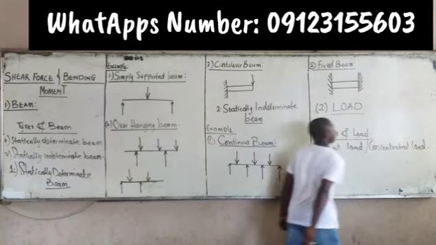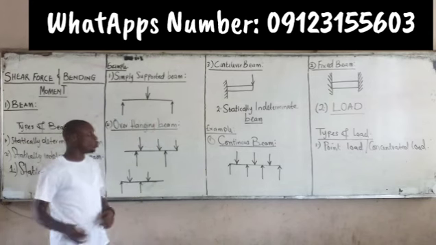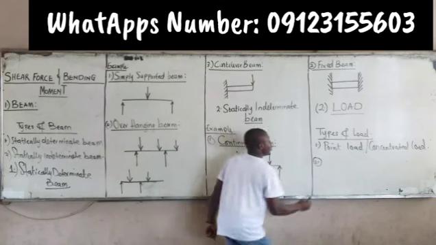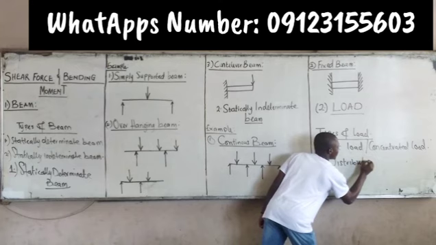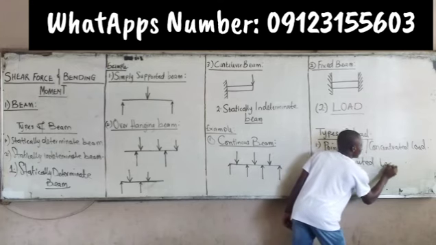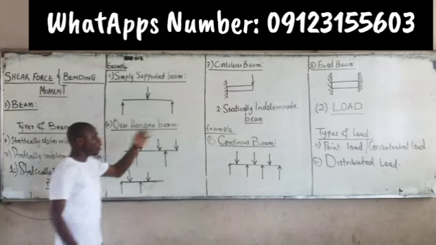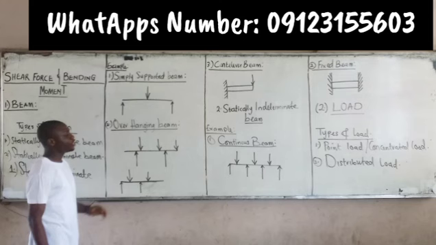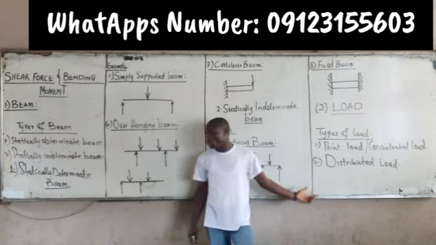Number two, we have the distributed load. Alright, these are the types that we have. Number one, point load or concentrated load. Number two, distributed load. These are the types of load that we have when it comes to structural mechanics.